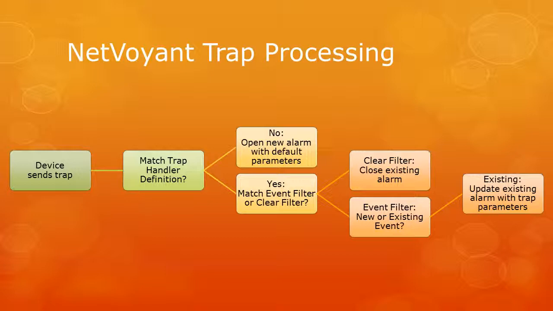Now, if no open event exists for the sending device for the attribute described in the trap, NetVoyant will create a new event. So trap events will have the severity, category, and message defined by the trap handler. That's part of what goes into the trap handler. Now, if no trap handler exists for a particular trap type, NetVoyant just assigns a generic description and a severity of minor to that alarm that it opens up.